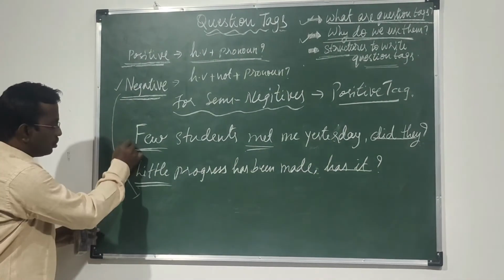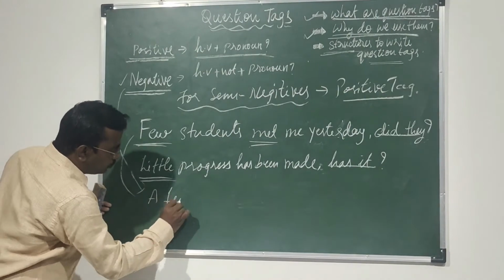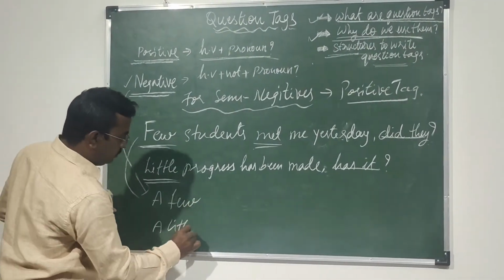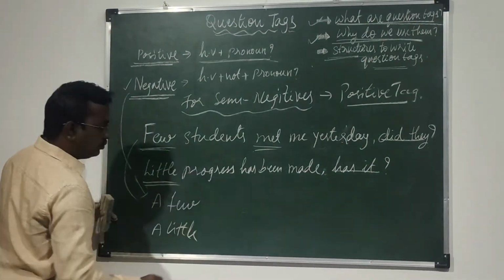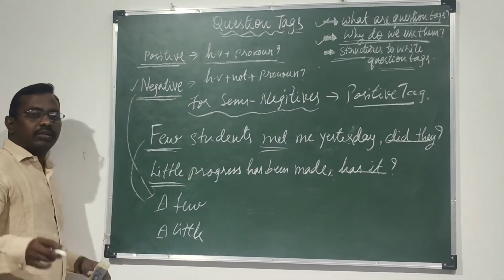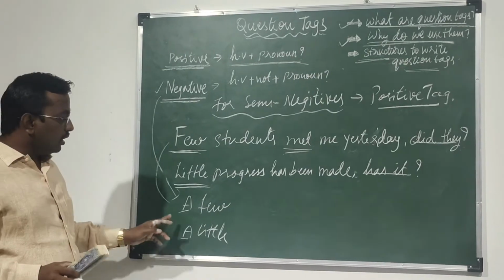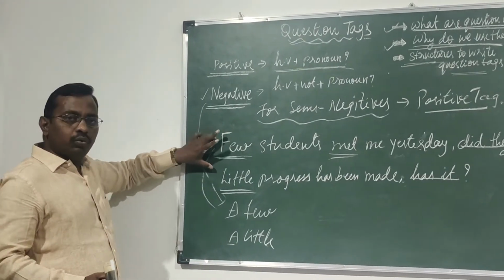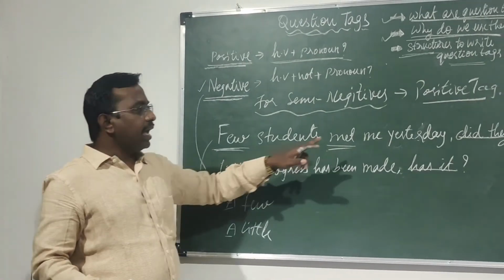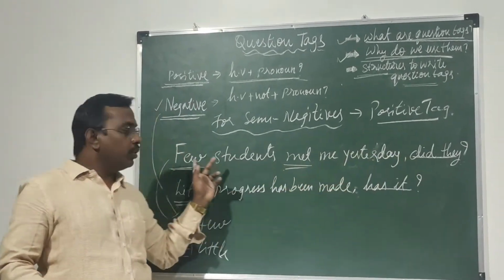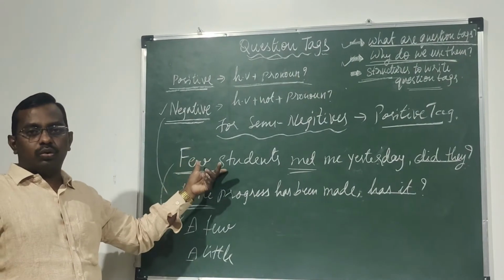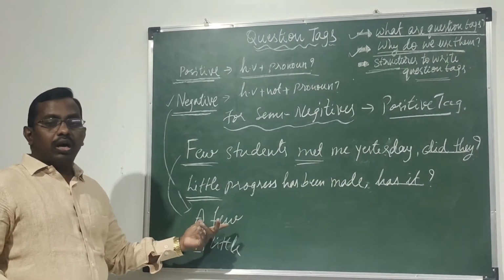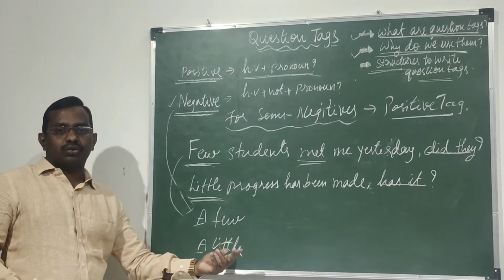So if you use only few or little, the tag should be positive, because you are using a semi-negative word. But when you use a few, it becomes positive.